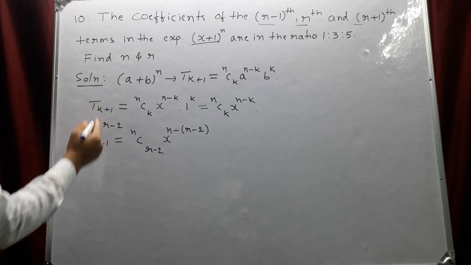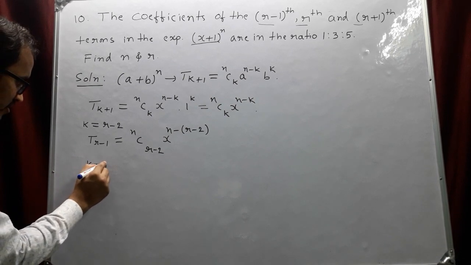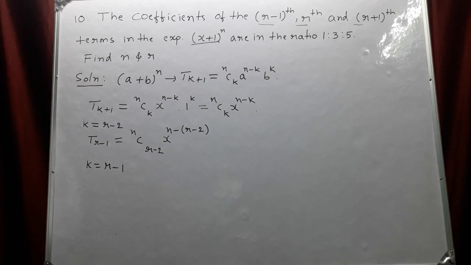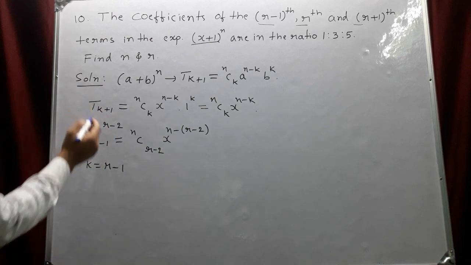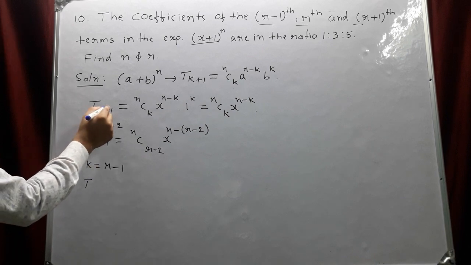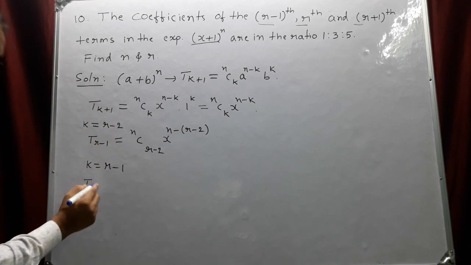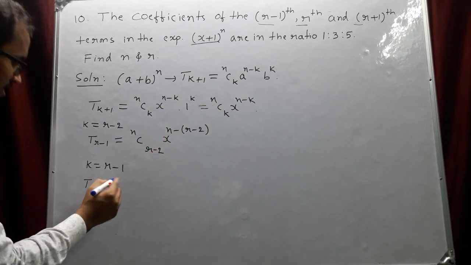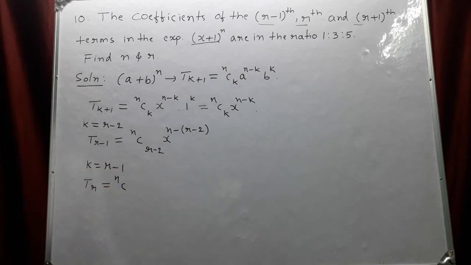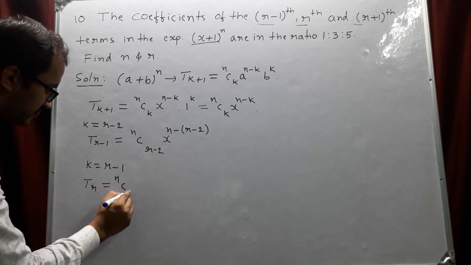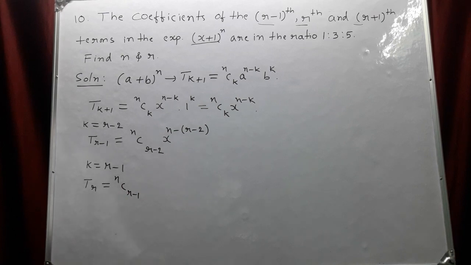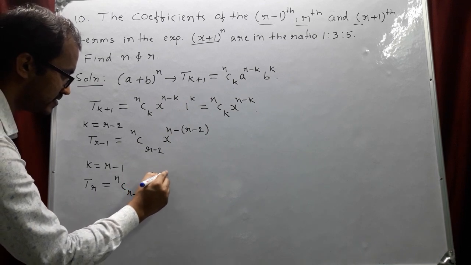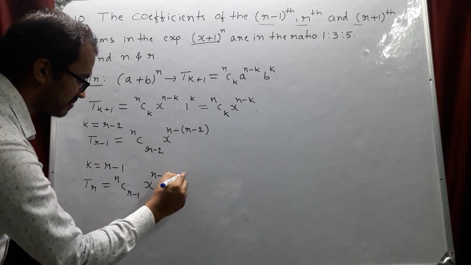Similarly, for the rth term, if you give k is equal to r−1, you will get the rth term. So T(r−1+1), that is Tr, is equal to nC(r−1) x power (n−k), that is n−(r−1).